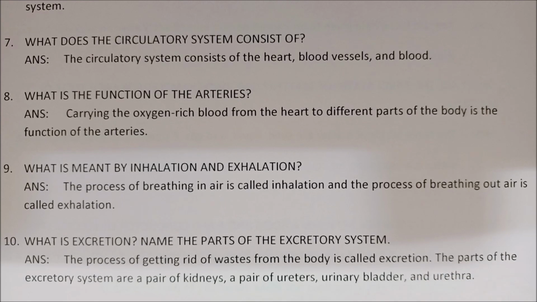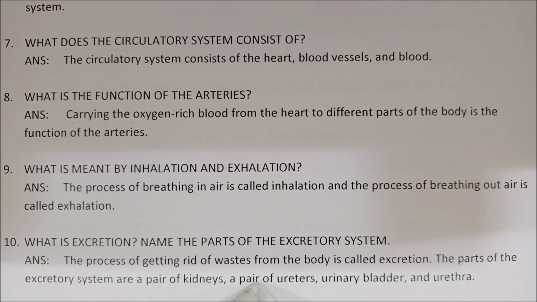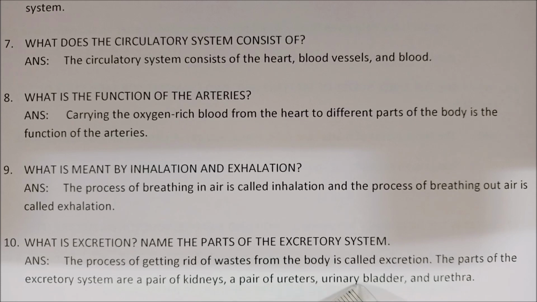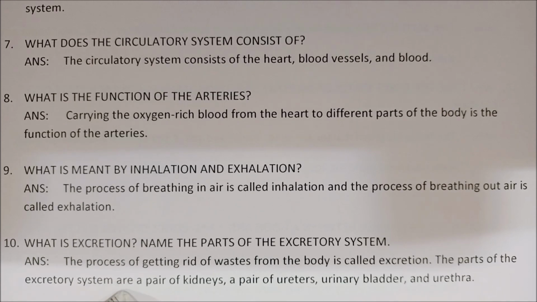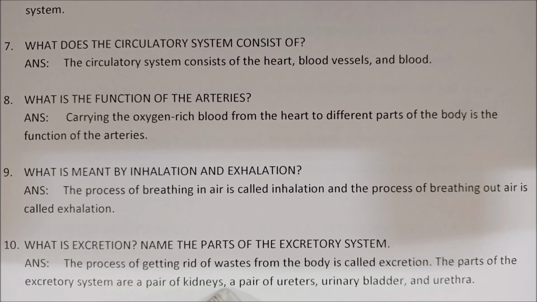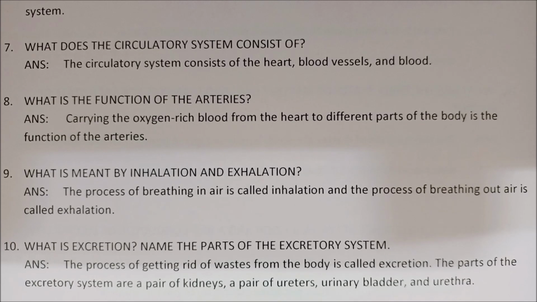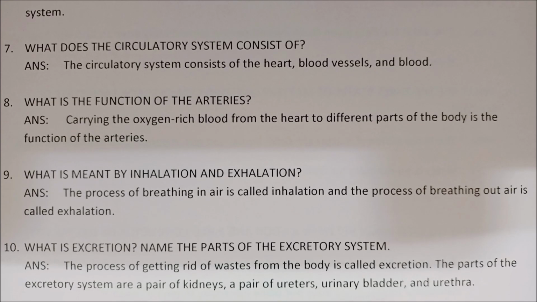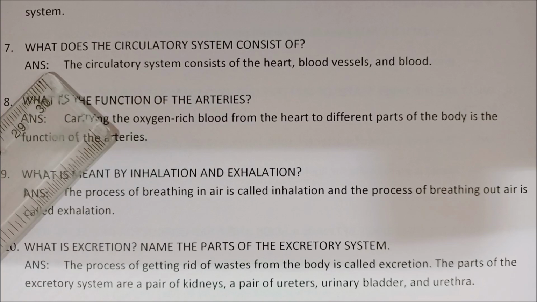The parts of the excretory system are a pair of kidneys, a pair of ureters, urinary bladder, and urethra. So children, what are the parts? A pair of kidneys, a pair of ureters, urinary bladder, and urethra. Is it clear, children? Is it clear to all?